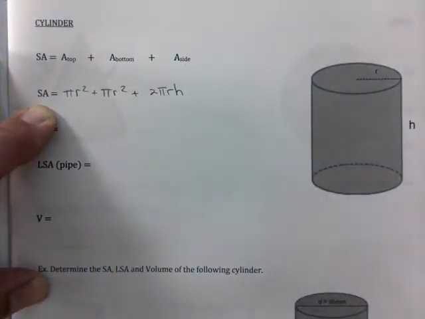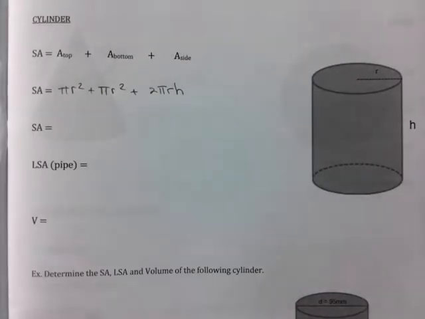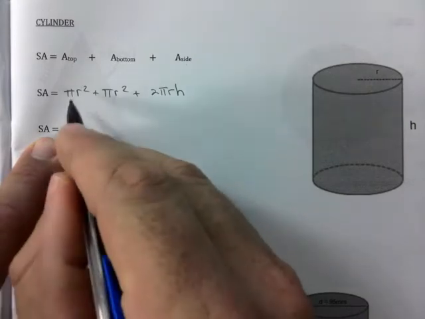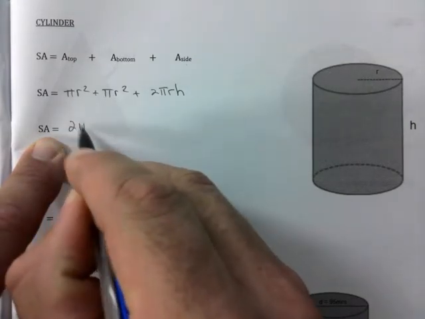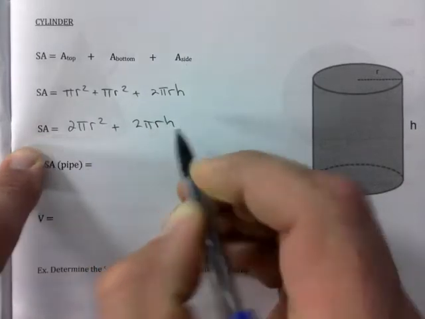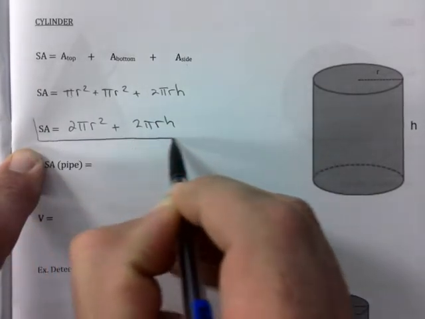So the circumference times the height basically gives you a rectangle, if you were to take that apart. So 2 pi rh is how you find that area. If you combine the pi r squares, you get 2 pi r squared plus 2 pi rh. I'm going to box that in.